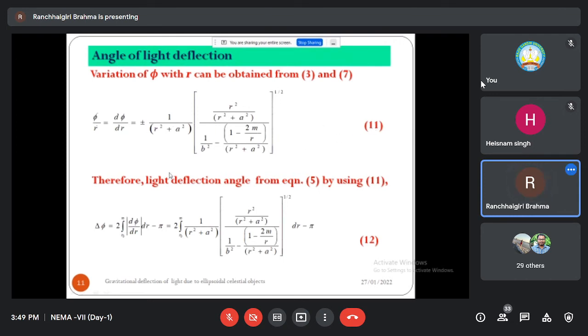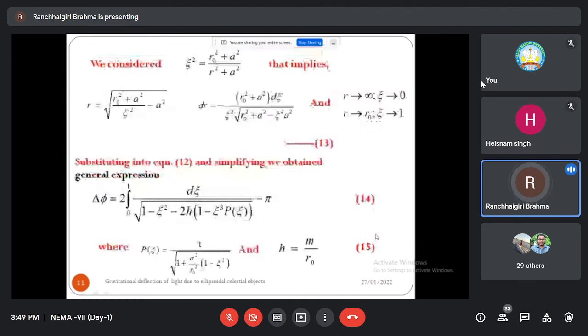Therefore, for the light deflection angle from equation 5, we substitute equation 11 into equation 5, and we obtain the general form of the light deflection angle represented by equation 12.